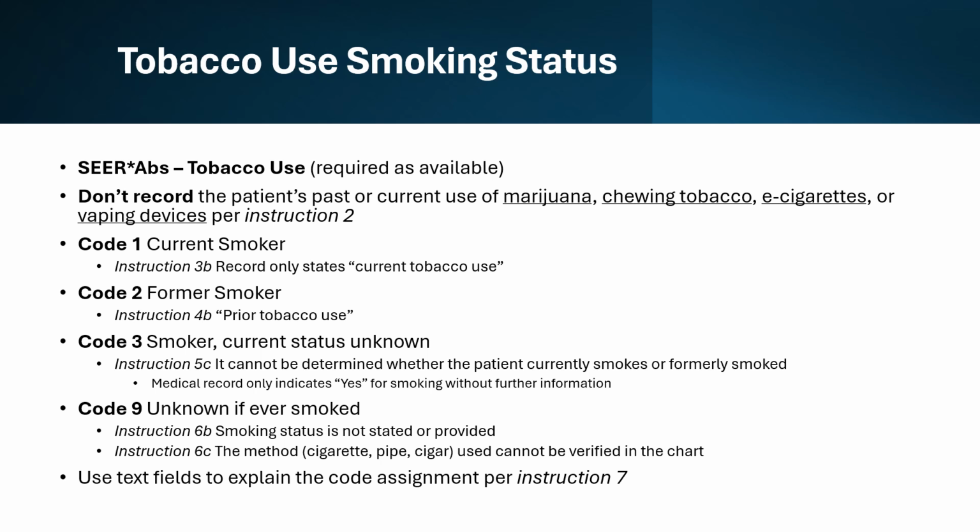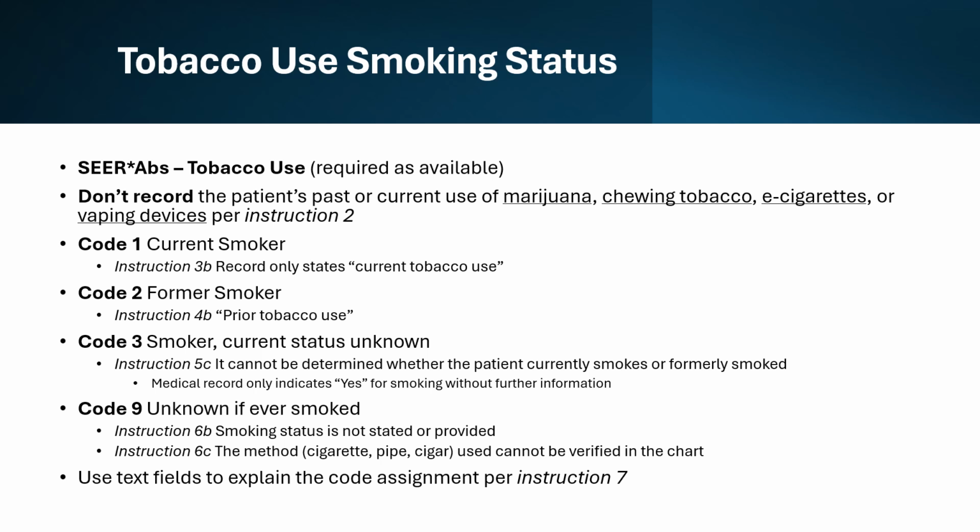The following instructions were updated as well. So for Code 1, current smoker, Instruction 3B now includes when you only have a statement of current tobacco use. Use Code 1. For Code 2, former smoker, Instruction 4B was added, stating prior tobacco use.